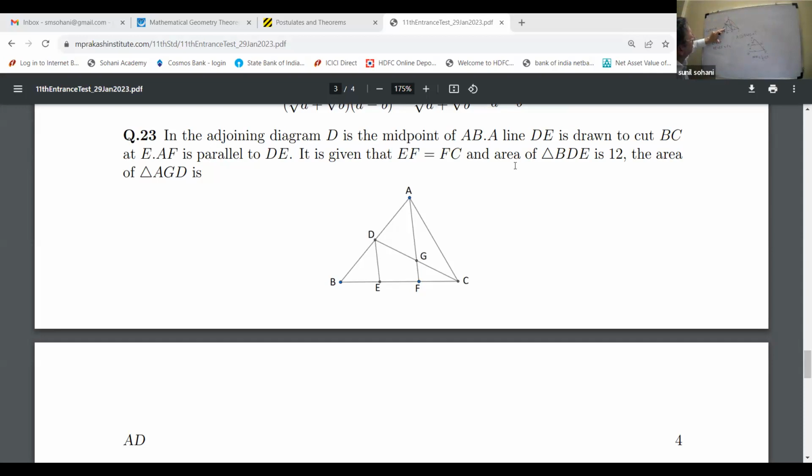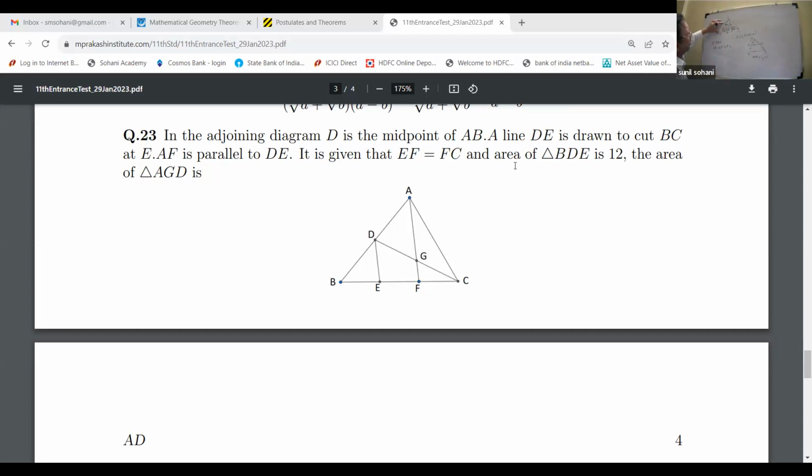And if this is 12, as per the area of triangles, when they have equal bases and equal heights, the areas will be equal. So quickly I write here BDE is 12, then this is also 12, and this is also 12.